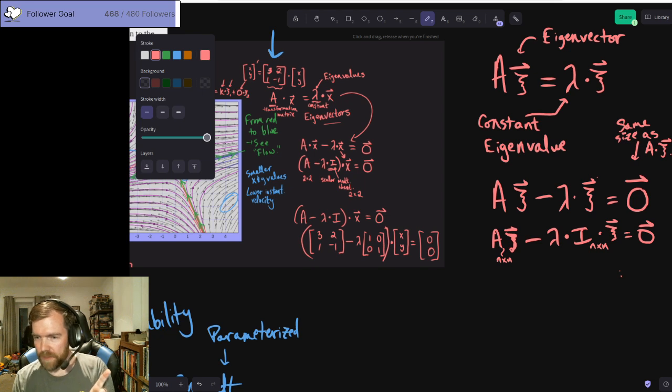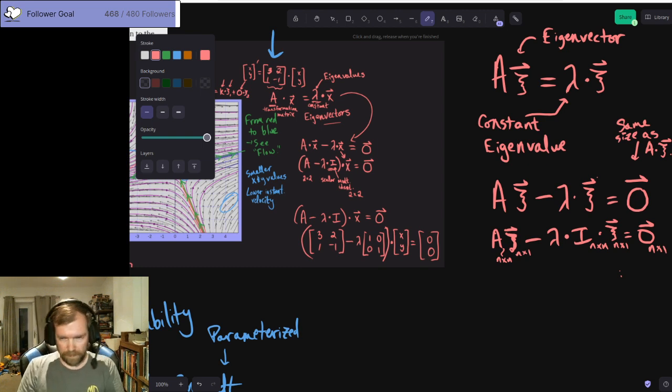And in this case, C has to be an n by 1, which means that our 0 vector is also going to be n by 1. If anybody does not remember their matrix multiplication, we can go over it some other time. Okay, then what?